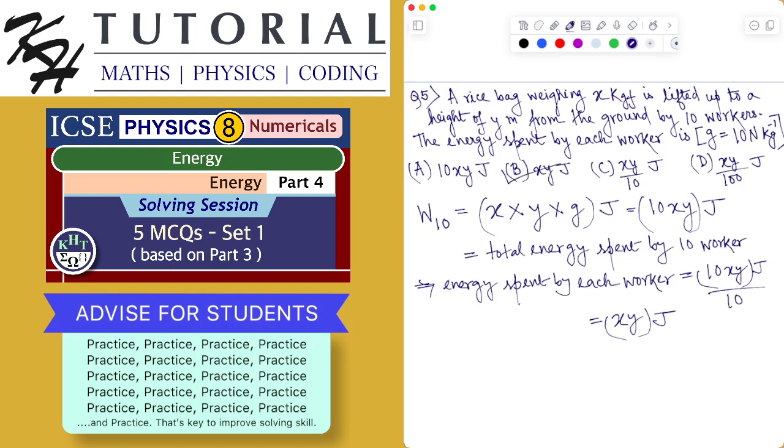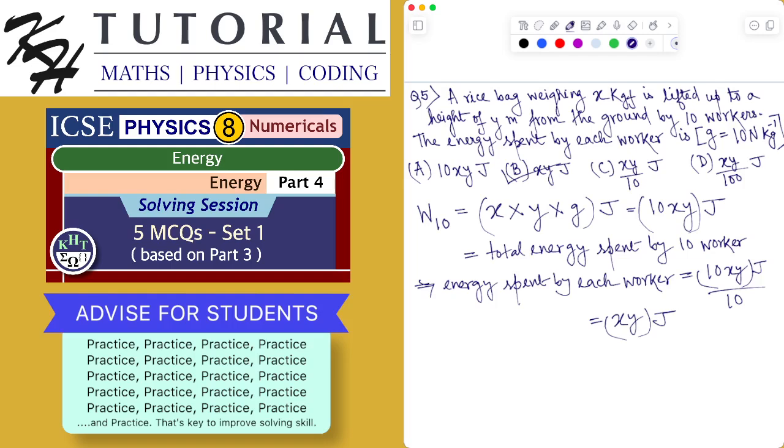So the important concept to understand is that the total work done by all the 10 workers in lifting the rice bag of mass x kilogram to a height of y meter is equal to the gravitational potential energy gained by the rice bag when it was lifted to a height of y meter.